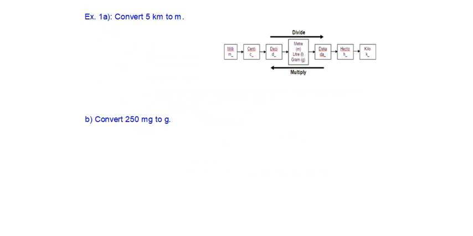I should mention, I didn't mention this before, the abbreviations that we use. For the meter, M, liters, L, grams is G, and then the prefix is listed here. So for milli, it would be an M, followed by the letter that corresponds to the base unit. If I'm looking for a milligram, it would be mg.